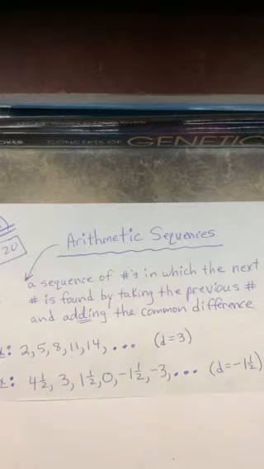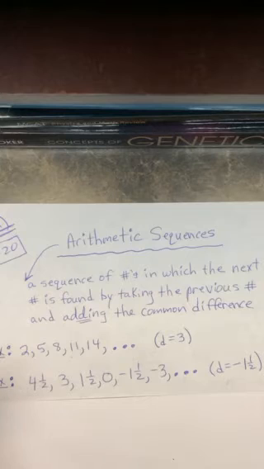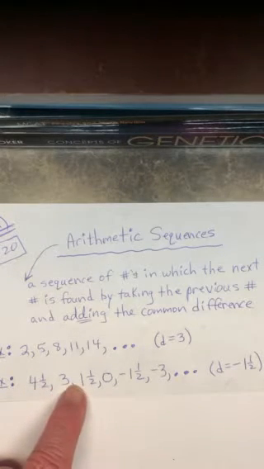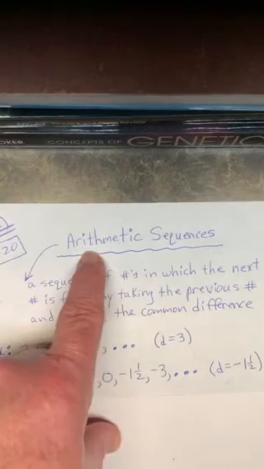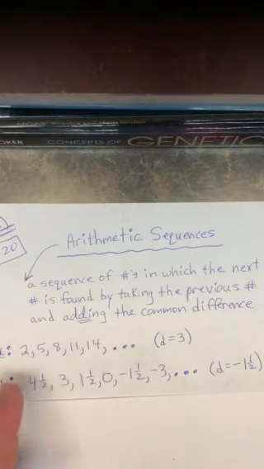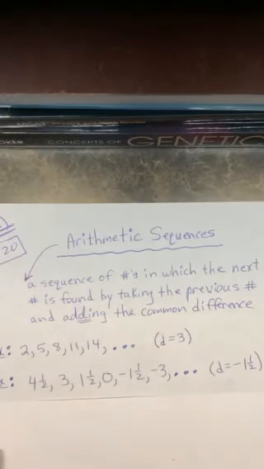Okay, guys, never ever look at a sequence and describe it by using the word subtract. You don't say, oh, they're subtracting 1.5. If you look back to the definition, the previous number is going to get added on to by whatever that common difference is.